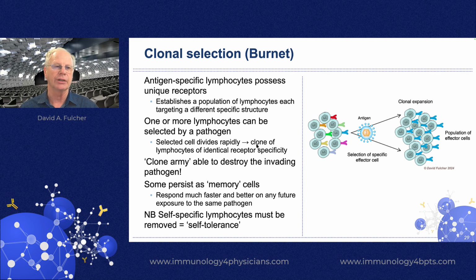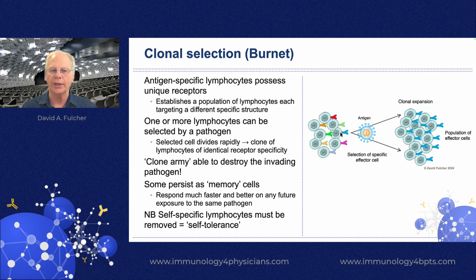Basically, the theory goes like this, that in a population of lymphocytes, each one will have a slightly distinct receptor generated during the formation of each individual lymphocyte. So when an antigen or a pathogen bearing an antigen comes into the picture, one of those receptors is likely to be able to bind one or more motifs on this pathogen.